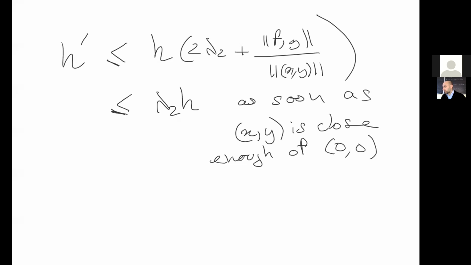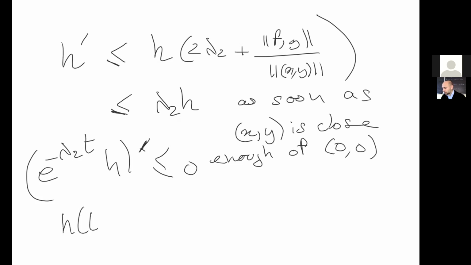So this inequality is true when (x,y) is close enough to 0, but when this is true, I can do this computation again. I have that exponential of minus lambda t times H prime is negative, and so I get H of t is less than exponential of lambda t times H of 0.